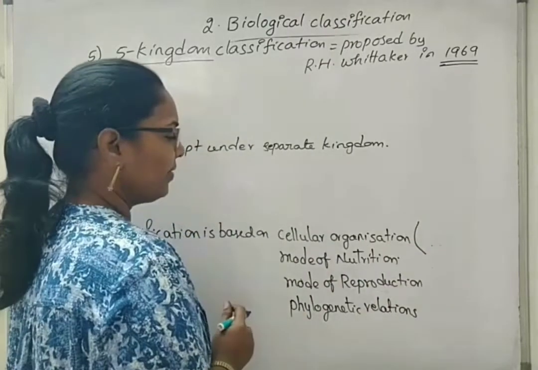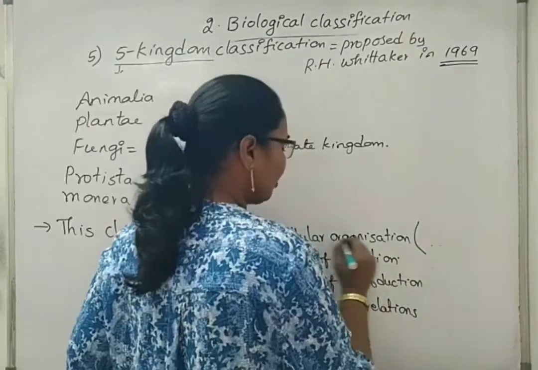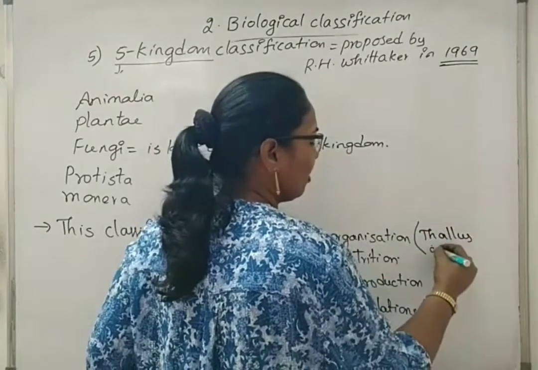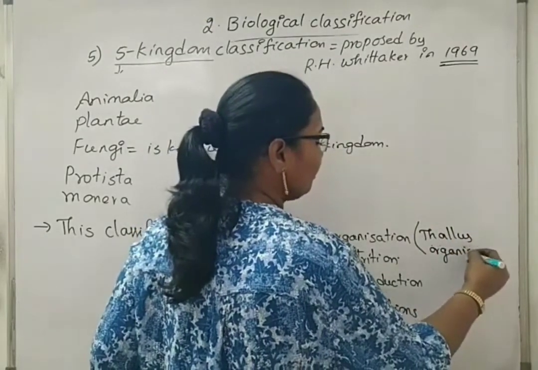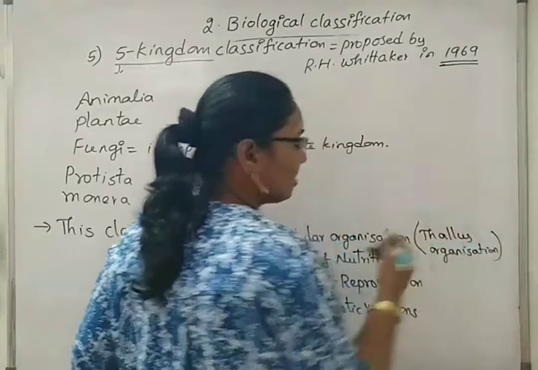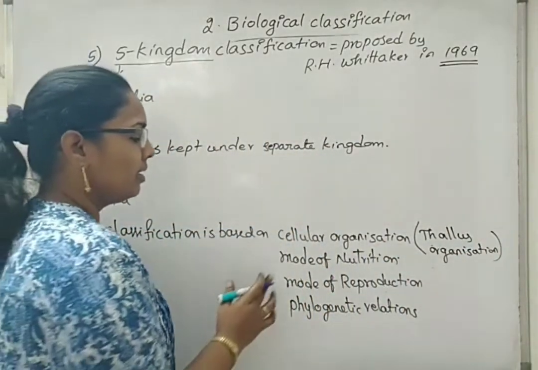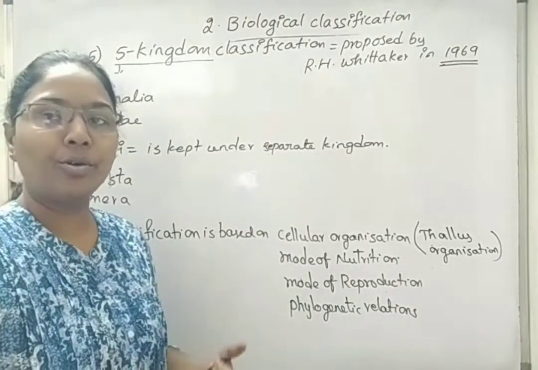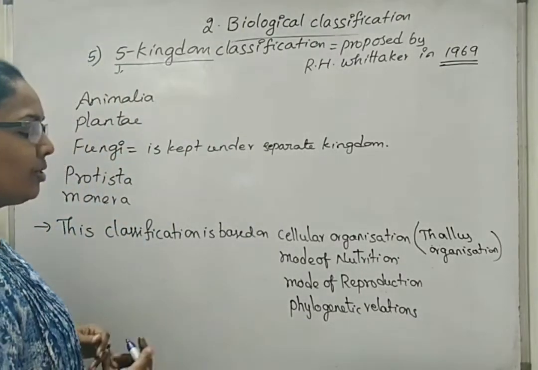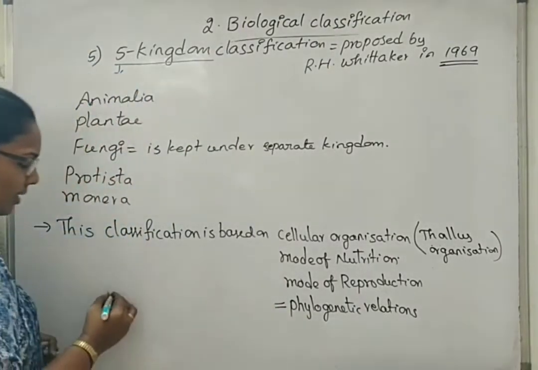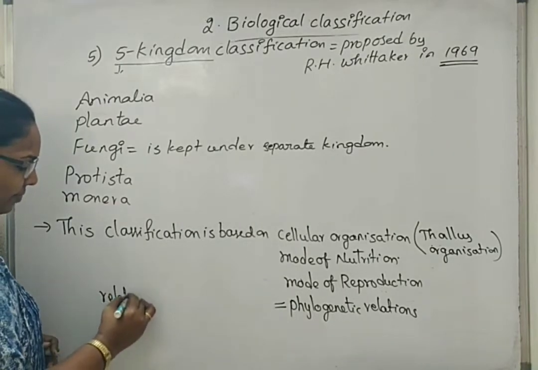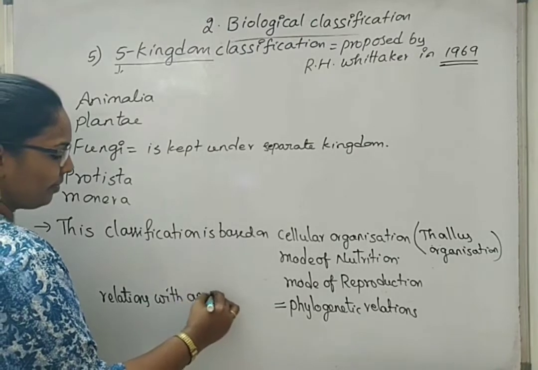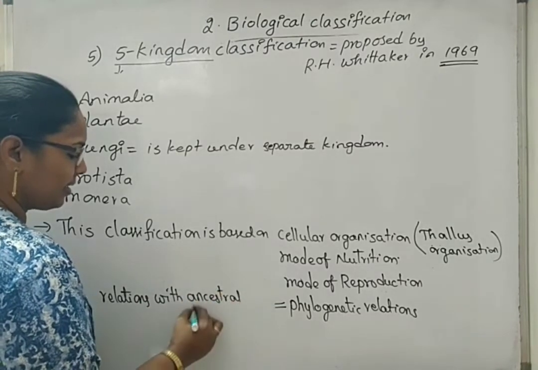Sometimes in the previous MCQs, instead of cellular organization, the term thallus organization is given. Still, the meaning will be the same. Under mode of nutrition, there are different modes: autotrophic, heterotrophic, holozoic, etc. Phylogenetic relations means relations with ancestral characters.